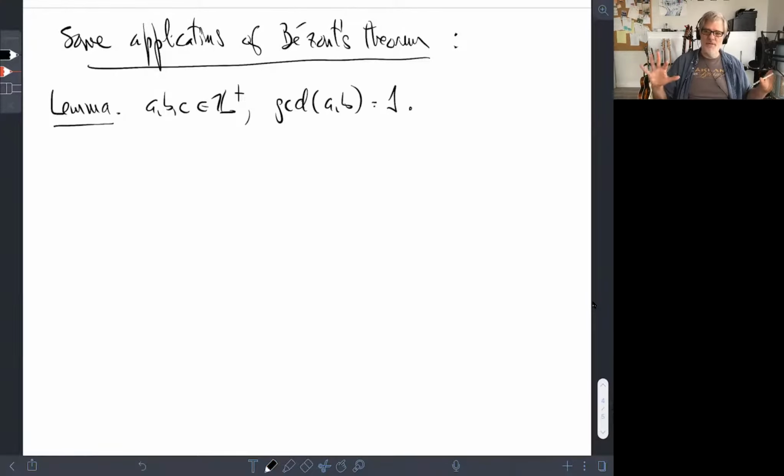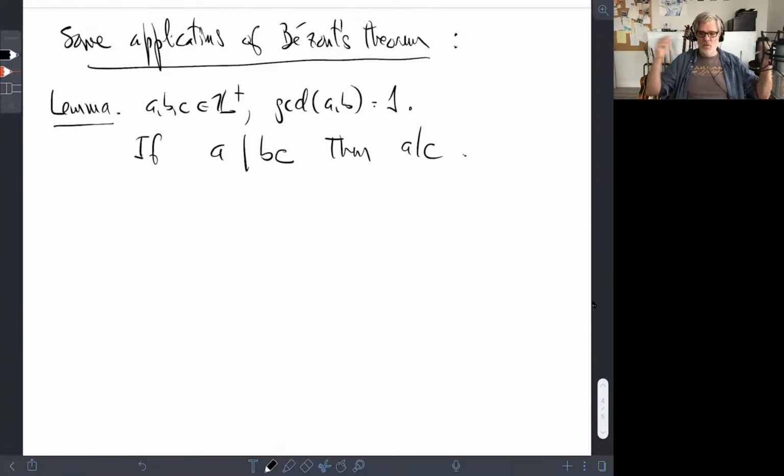So two of those numbers, A and B, have no common divisor bigger than 1. They're relatively prime, they're coprime. If A divides B times C, then A divides C. So A and B have no common divisors, which means that if A is dividing a product of B with C, then actually A has to divide C completely.